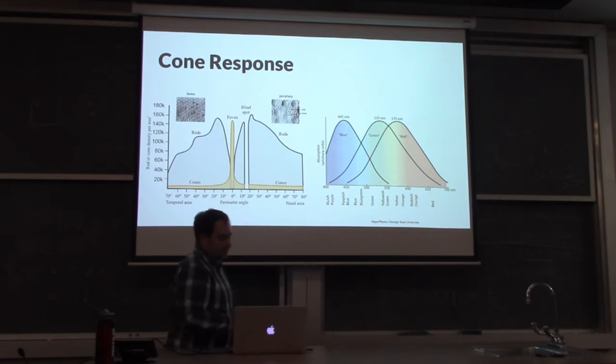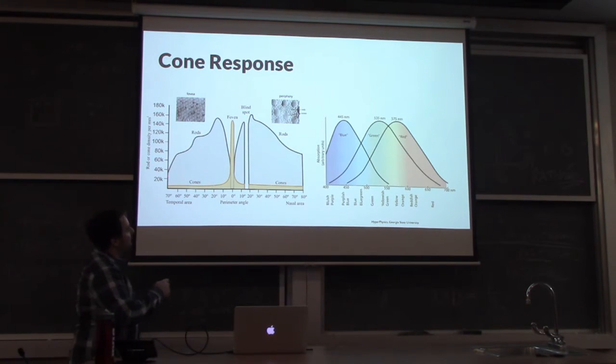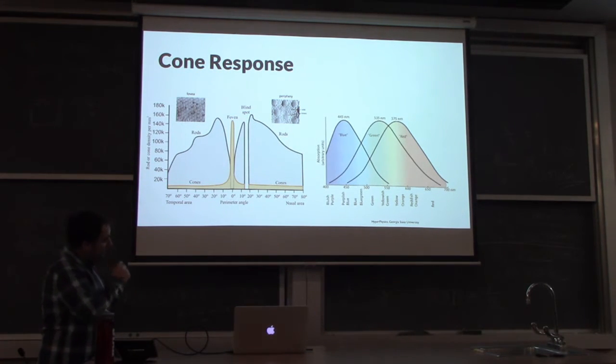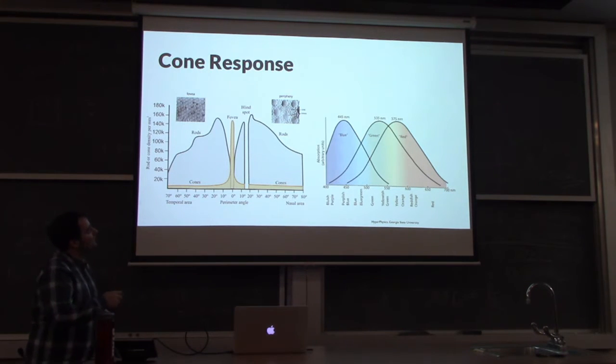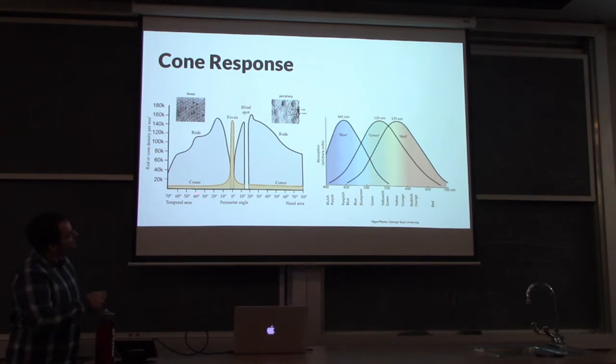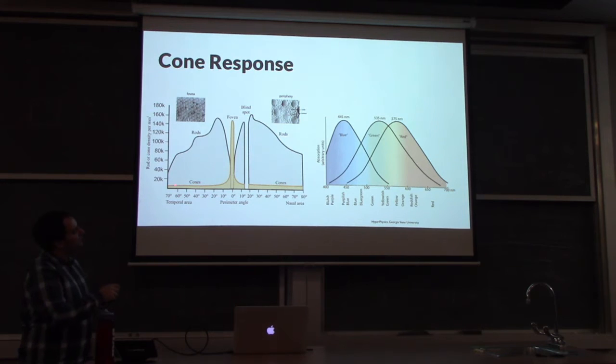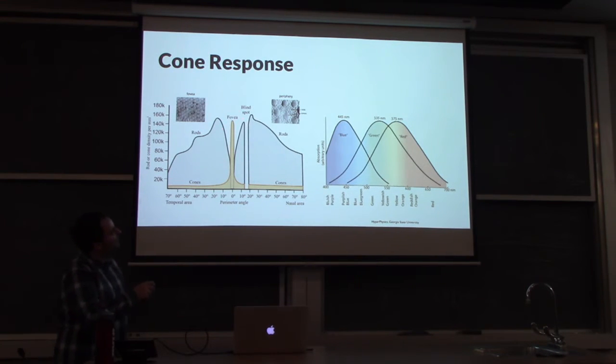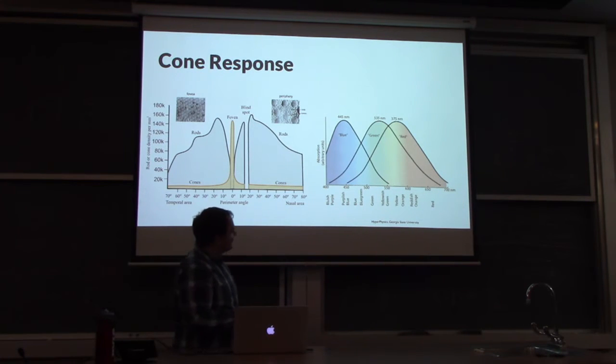Here is a juxtaposition; we had this picture earlier of how many cones are in the fovea. If you look at the whole eye and juxtapose rods versus cones, you can see that there are very few cones outside of the fovea, but a lot of rods outside of the fovea. And then here we have the blind spot. This is a figure of these cones.